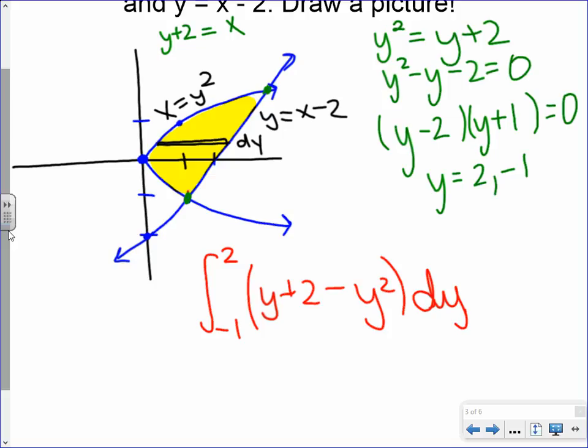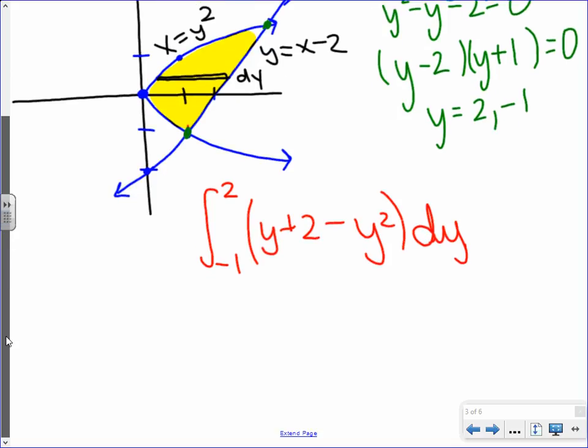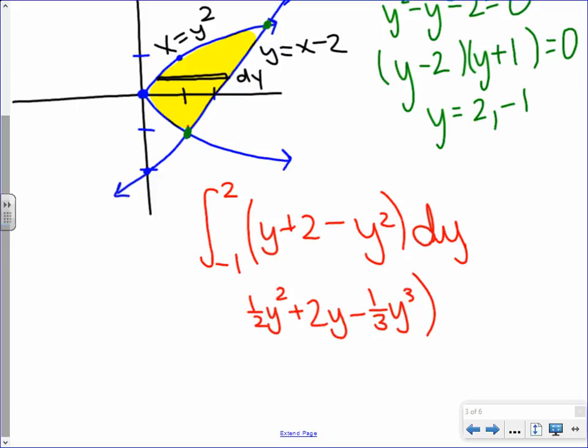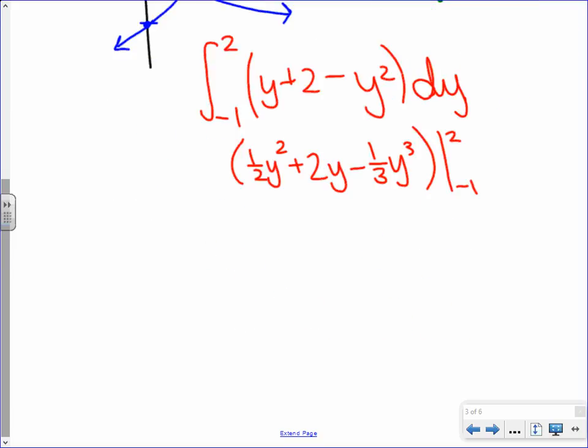All right, so now this is a fairly easy one to do by hand. We get 1/2 y squared plus 2y minus 1/3 y cubed, evaluated from negative 1 to 2.